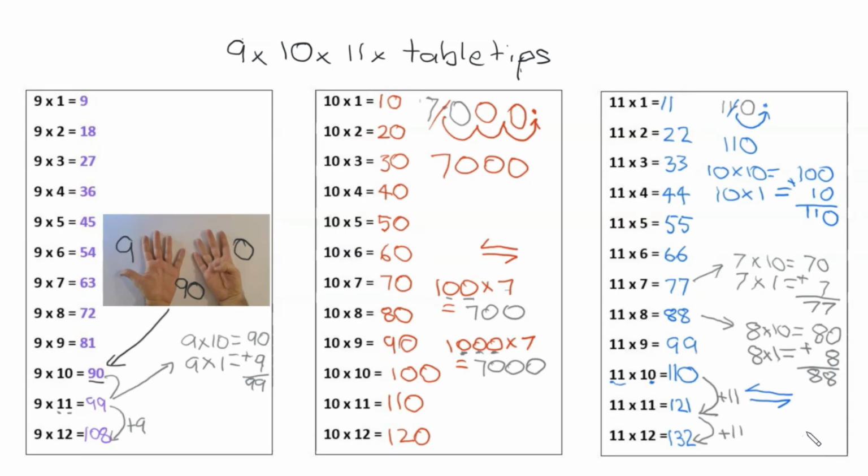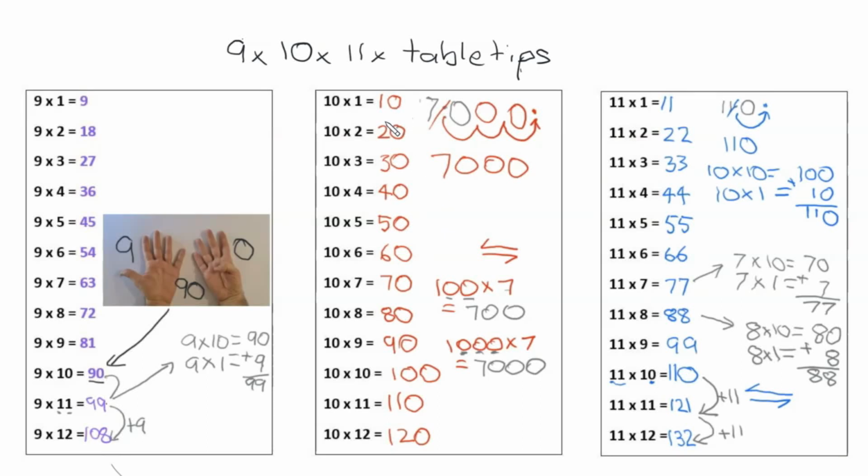Okay, we'll do a recap of what we've done so far. For the 9 times table, we basically used our hands, and on either side of the finger, when we counted these numbers, you got your answer. You got 2 numbers that gave you your answer. And this worked up until 9 times 10. 9 times 11 was quite easy. You just wrote 9 twice, and then you just needed to add another 9 to get to 9 times 12.